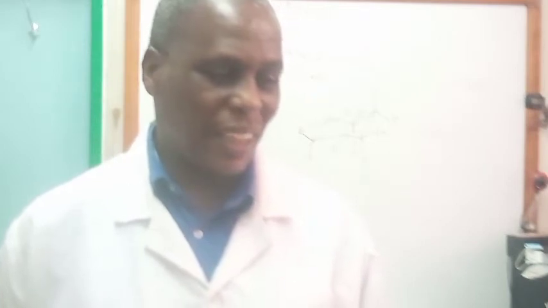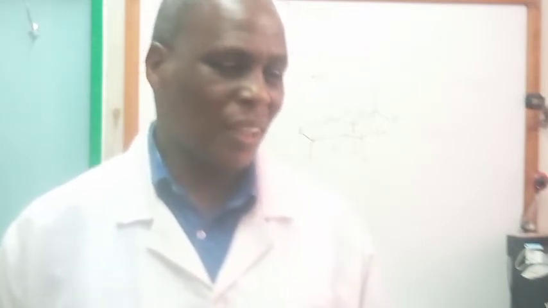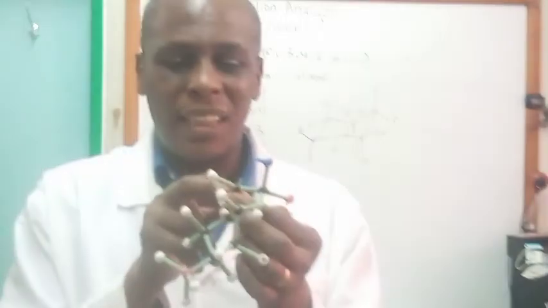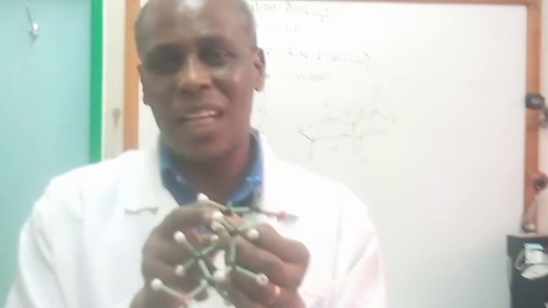We'll also be looking at carbon being tetrahedral, and one containing a double bond which is trigonal carbon, and one containing a triple bond which is said to be digonal.